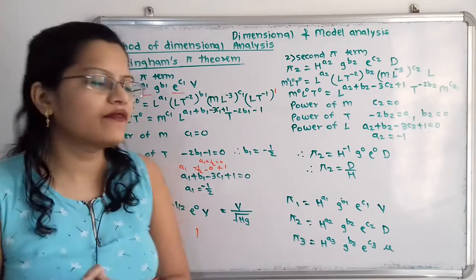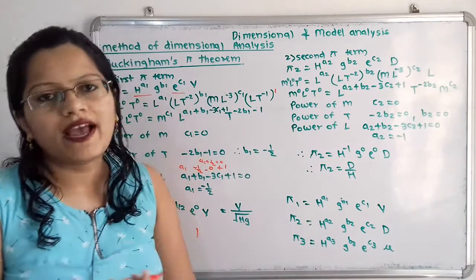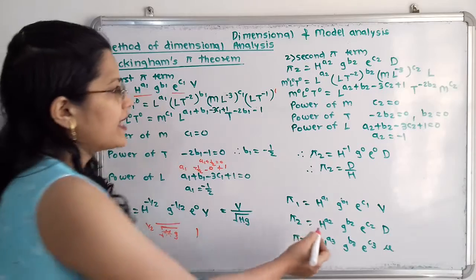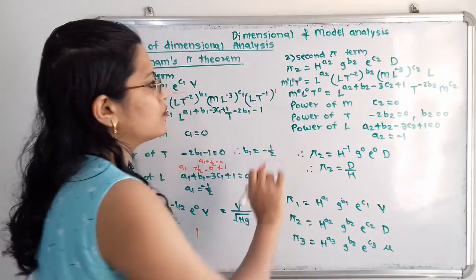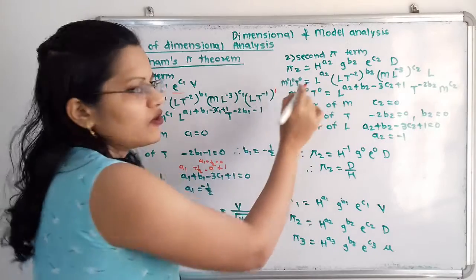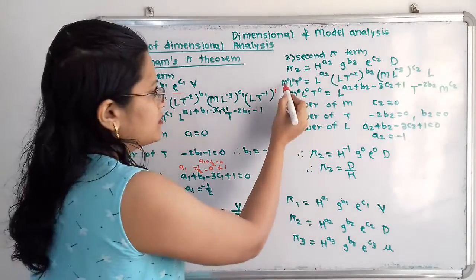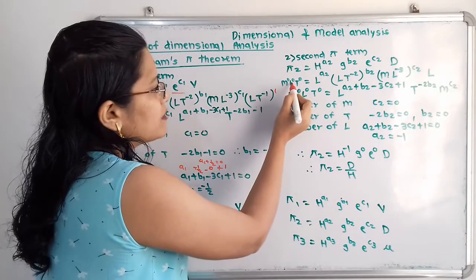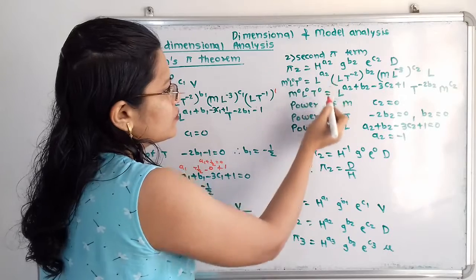Now in the same way we will move for the second pi term, that is pi2. So we have to solve in the same way. So h raised to a2, g raised to b2, rho raised to c2 into d. So now put the value of dimensions. So in terms of fundamental dimensions, that is for pi2, m raised to 0, l raised to 0, t raised to 0. For h we will take l raised to a2.